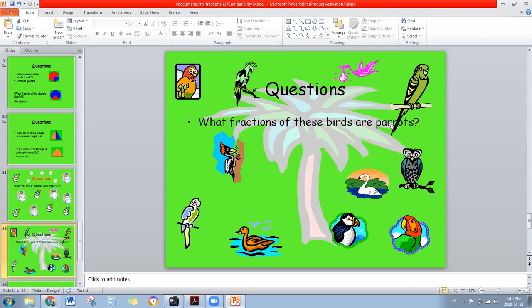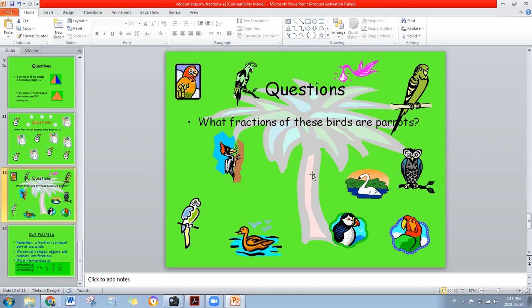Second one, you have to count the parrots. How many parrots do you have out of all the birds in the picture? Count how many birds you have, then count the parrots to write the fraction.